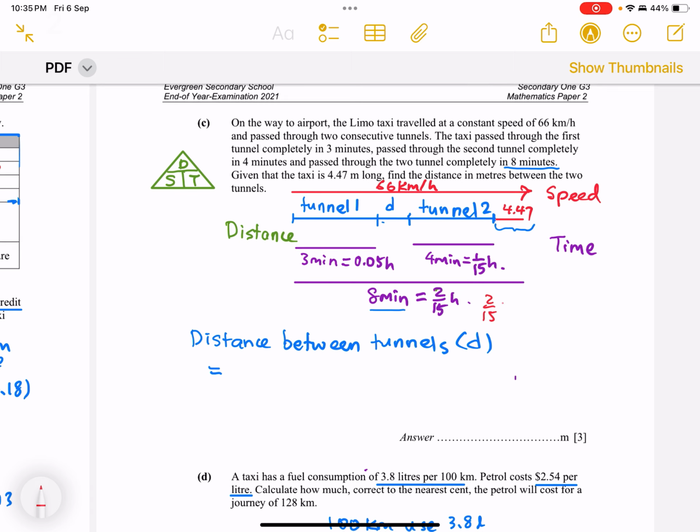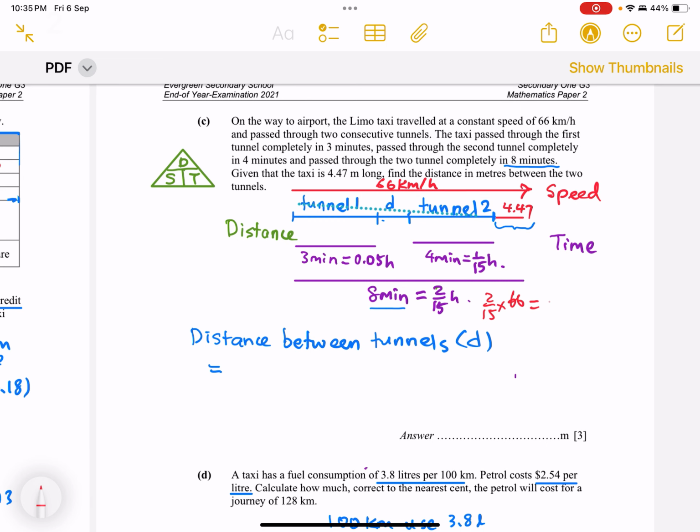2/15 times the 66. That gives you the whole distance, which is actually 8.8 kilometers. And the distance for the first tunnel he covered in 3 minutes, which is 0.05 hours.